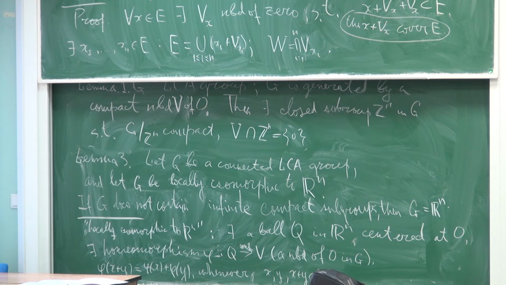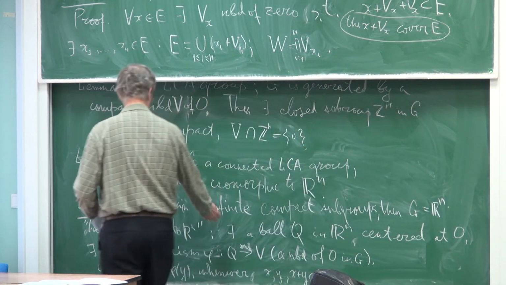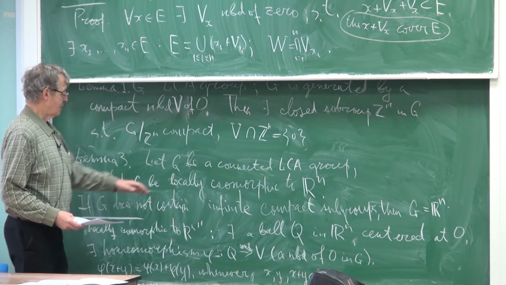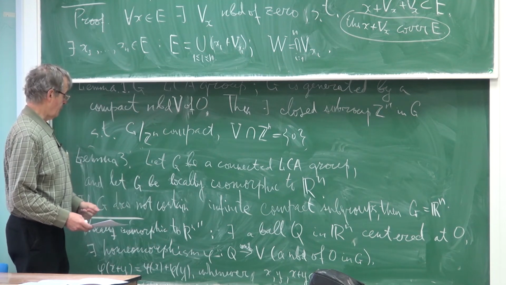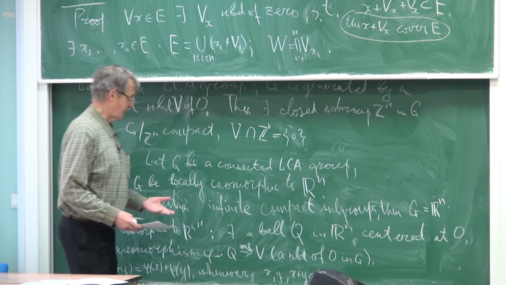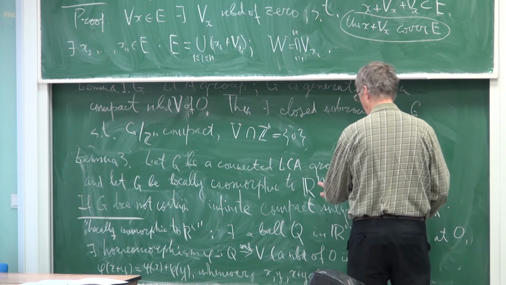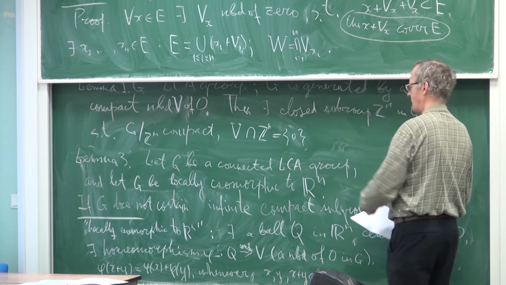And we must prove that then our group is isomorphic to Rn. There are two basic conditions beyond this isomorphism: that G is connected itself, and also it has no infinite compact subgroups. So if it resembles Rn in these two respects, then it must be Rn.